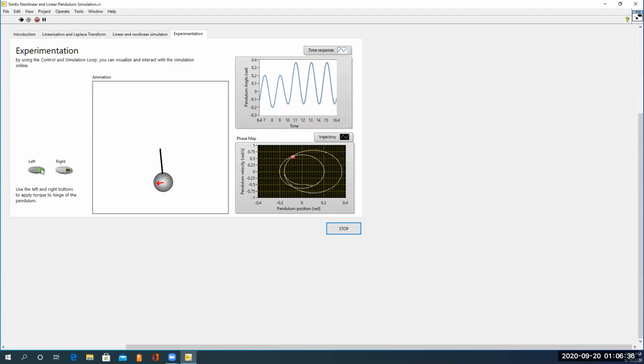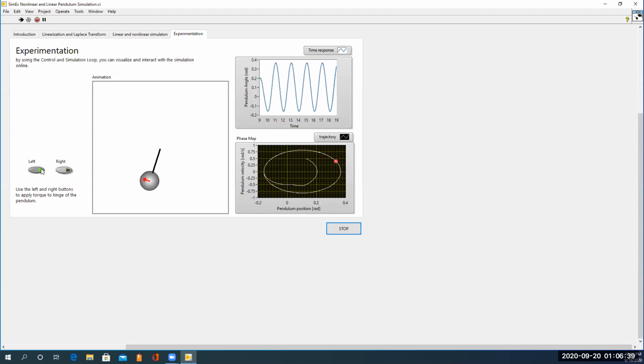I apply this torque, holding left, like a step signal. But the rotational angle is very small. When the rotational angle is very small, we can approximate the nonlinear function sin theta by theta. But the approximation is really bad when the angle is large. So the principle is we can approximate sin theta by theta only when the angle is small.